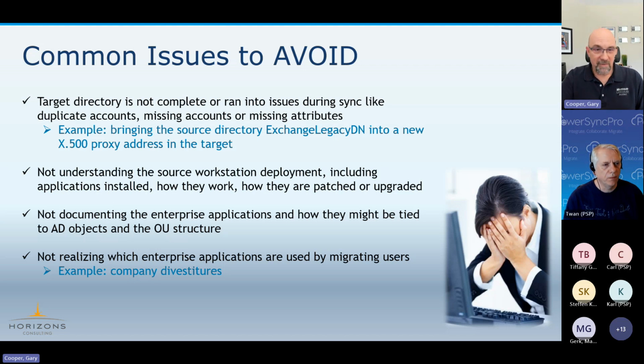What's the problem with that? It's a very common problem in that there are some properties on the directory object, specifically the Exchange Legacy DN, that is really what your on-premises object knows that mailbox by. That has to be carried over to the target directory objects.